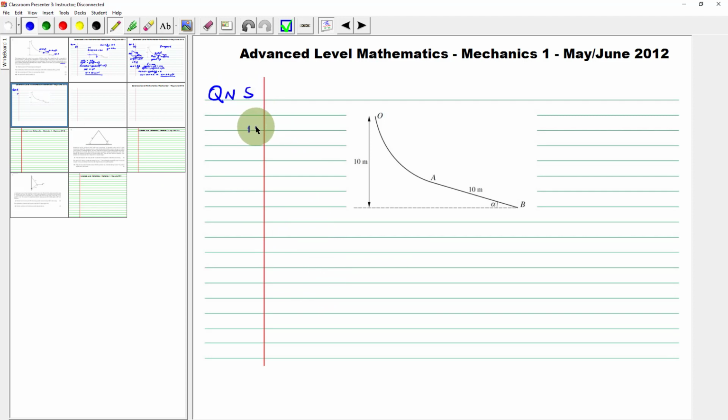So in question 5, part 3, in fact, I would have written all those details here. Let me just repeat them. The speed we want is the speed at B, which we are going to call v. The initial speed was 12 meters per second.